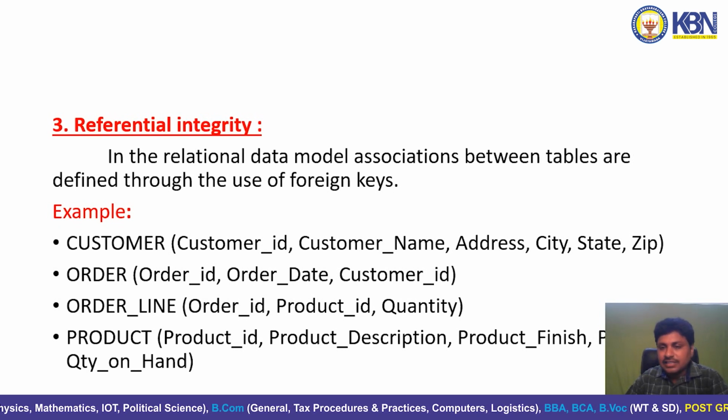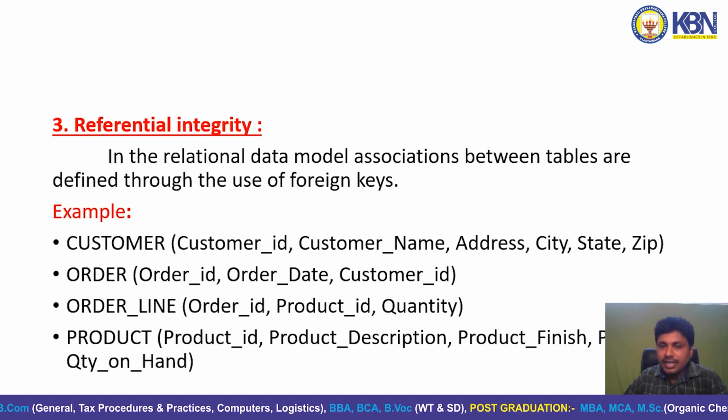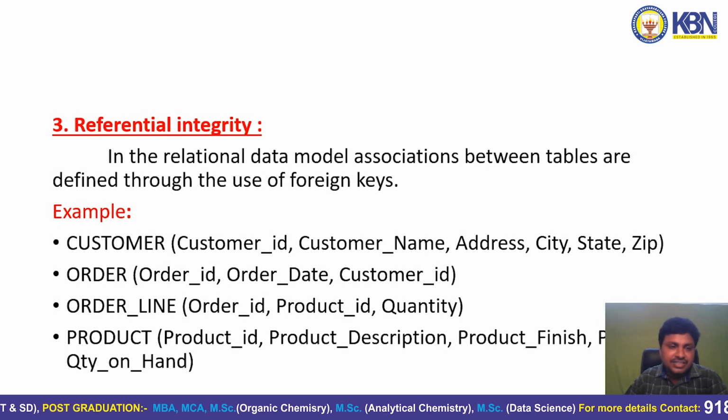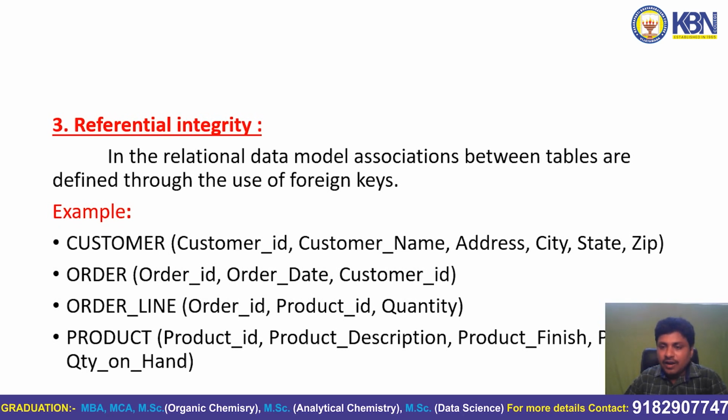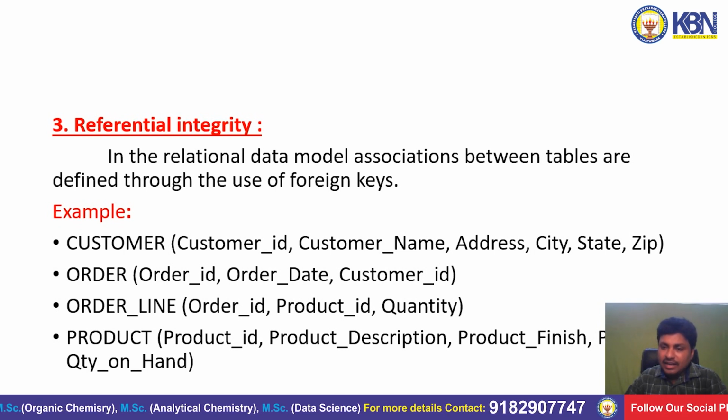Suppose we consider the customer table. The customer table has different attributes: the customer ID, name of the customer, address, city, state, and zip code. We also consider another relation, the order. In the order relation, the attributes are order ID, order date, customer ID.